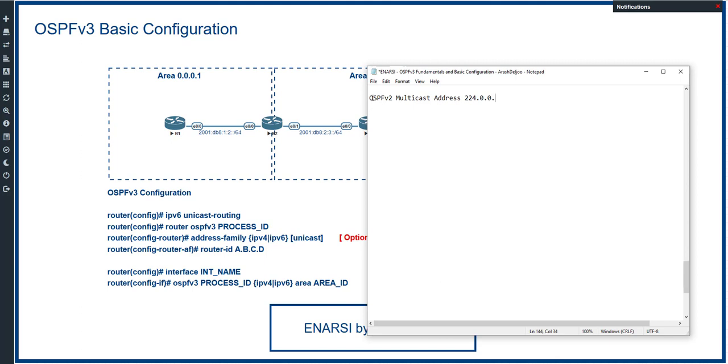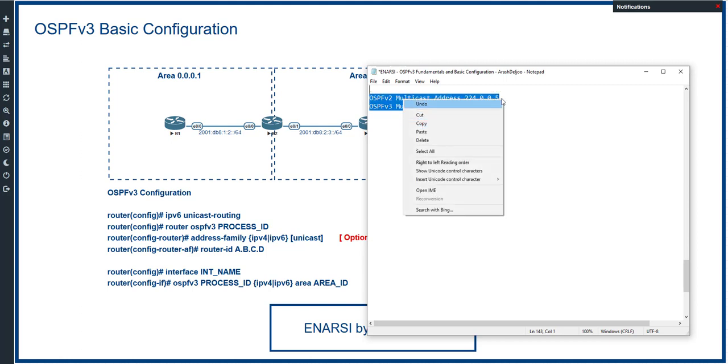Again, we have exactly the same concept in OSPFv3. Actually, in OSPFv3 we use this multicast address. You know that in IPv6 all multicast addresses should start with double F, FF02::5. As you can see, the scope of this address is inside one segment, or one subnet, FF02::5.